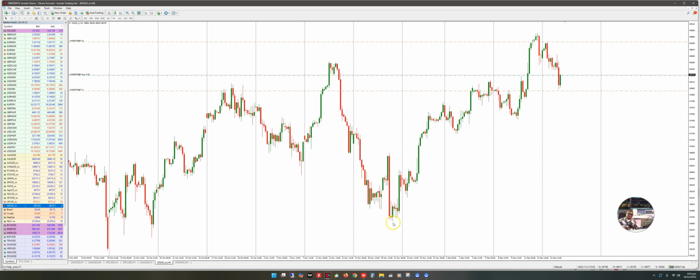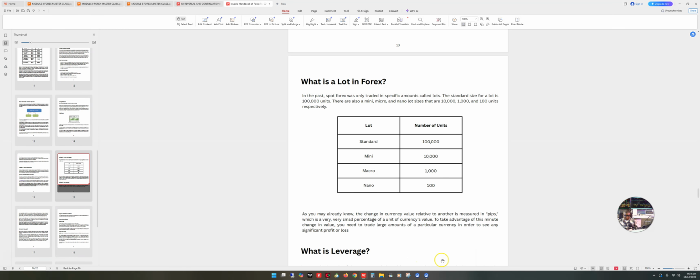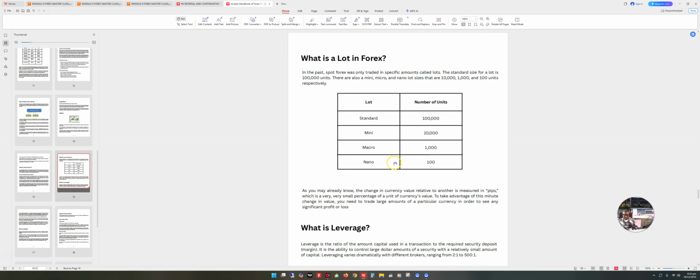If your money is within $1,000, I recommend you trade 0.01. That is just a money management rule. As time progresses, we're going to talk about money management in a class, and you'll have a better understanding of that.